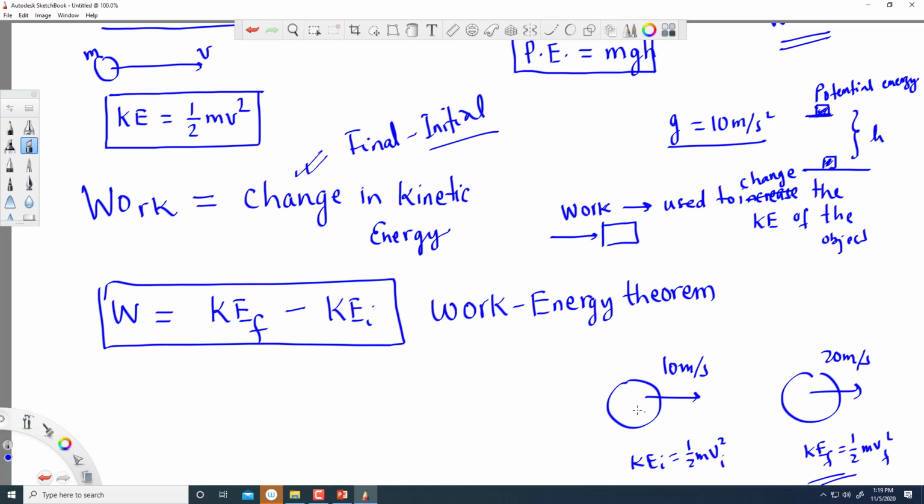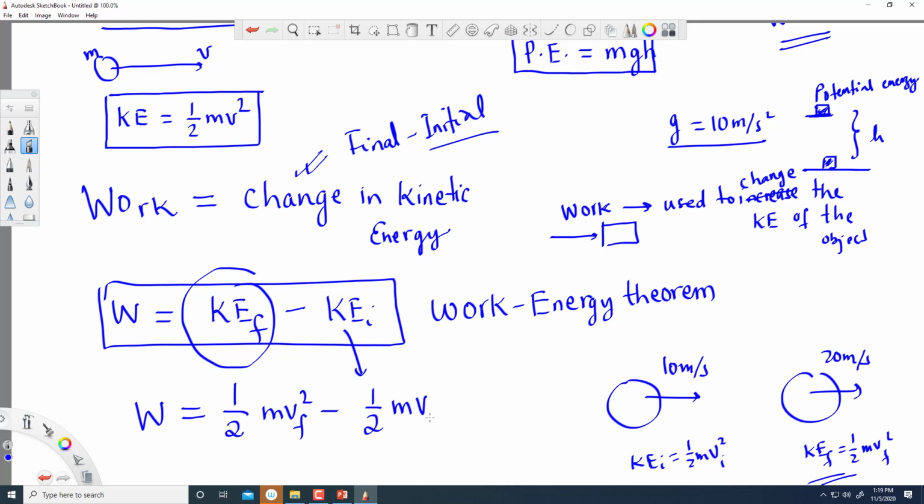We need to push it. So it's asking how much work I need to do to increase the kinetic energy. So work is given by final kinetic energy, which is 1/2 mass times final velocity squared, minus initial kinetic energy, which is 1/2 mass times initial velocity squared.